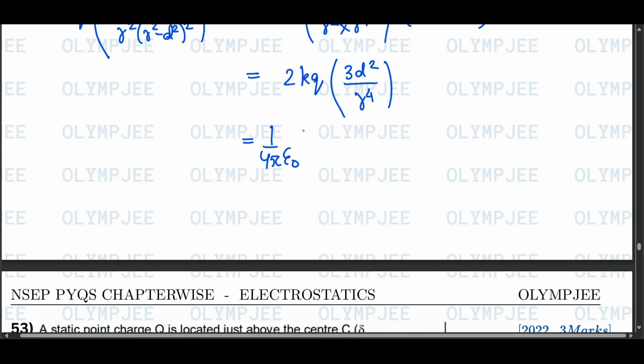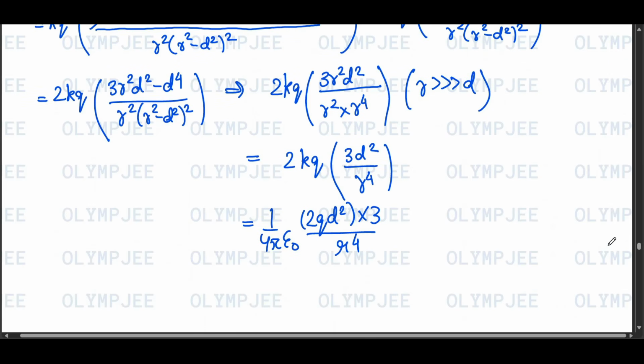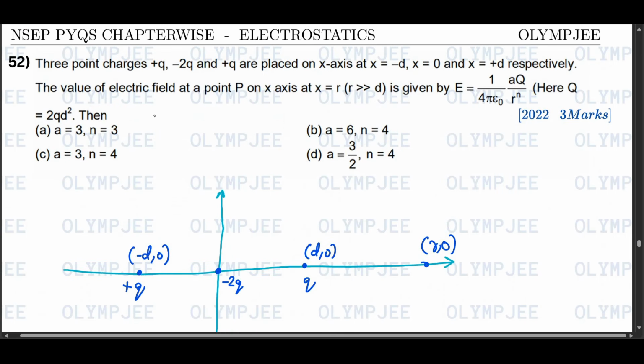So 2qd square multiplied by 3 divided by r raised to power 4. So this will give us that A is equal to 3 and N is equal to 4. So the answer will be option C. This was a good question.